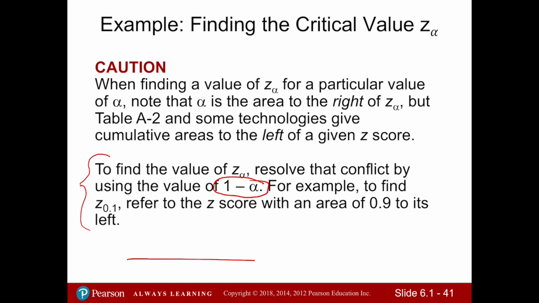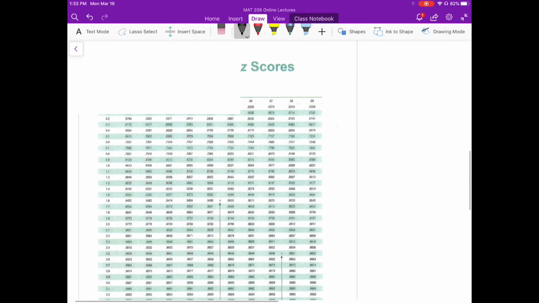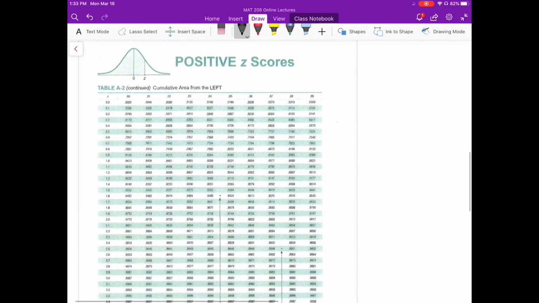If I want to find a value, in this example, whose area to the right is 0.1, what I can do is think, well, if everything is 1, the area to the left of that has to be 1 minus 0.1, or 0.9. And look at my table for an area of 0.9. If we did that, when we look at the positive, I'd want something close to 0.90. And if I look right here, there is nothing of 0.90. I have things kind of halfway in between.